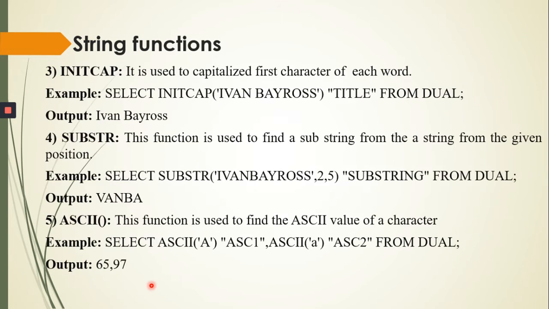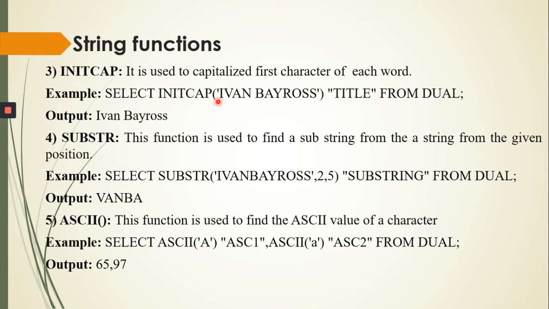So the next function is initcap. It is used to capitalize the first character of each word. So see the example. Select initcap, in which in brackets we have to write the string. We are writing even barrows, which is the name of the book, from dual. So from this string, two words are there, even and barrows.